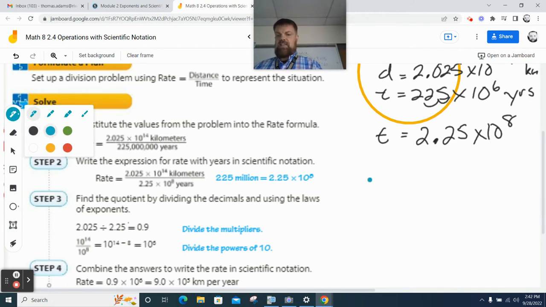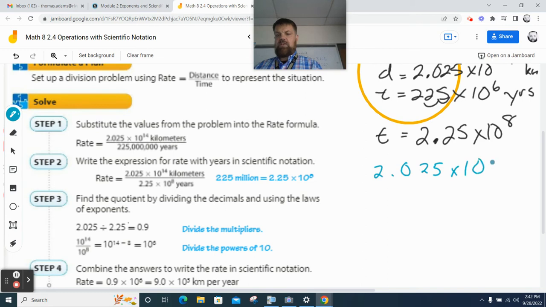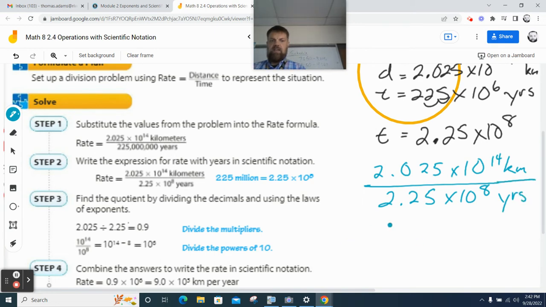So we said that 2.025 times 10 to the 14 kilometers divided by 2.25 times 10 to the 8 years, I'm going to get about 900,000 kilometers per year.